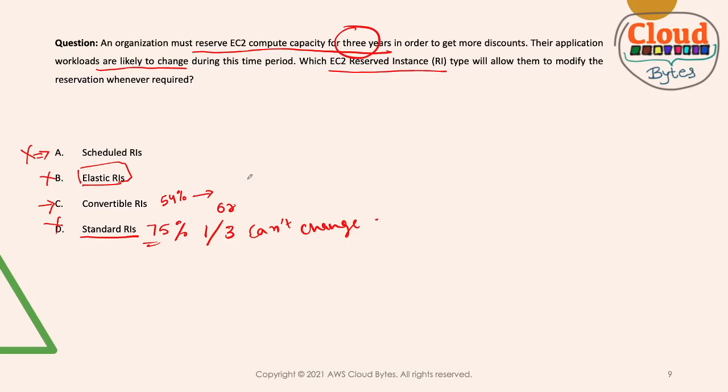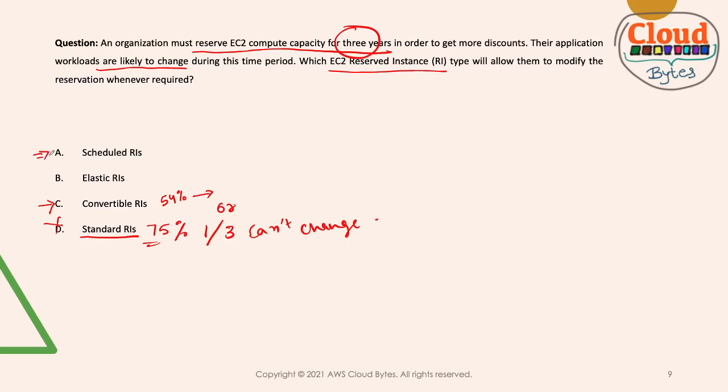As long as the exchange results in a creation of a reserve instance that is equal or of a greater value. The attributes include things like instance family, instance type, platform, scope, and tenancy. So you can have single tenant or multi-tenant. You can change the scope.